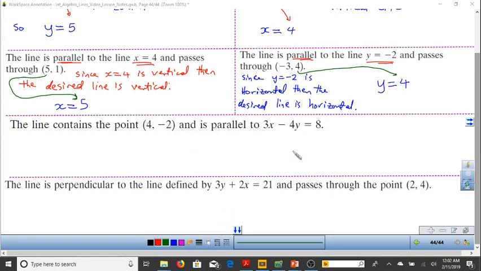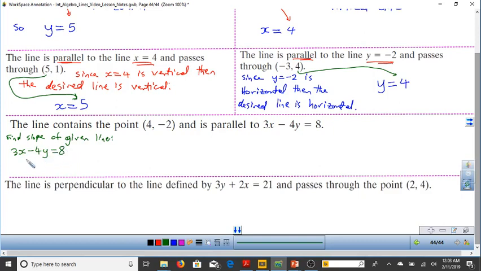In order to do that, we need to know what the slope is for this. So first, find the slope of the given line. And the given line is 3x minus 4y equal to 8.